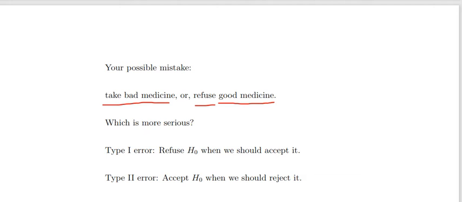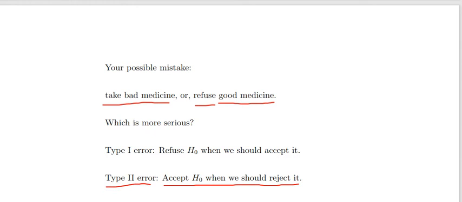Usually this one is serious: we believe them when their claim is wrong. When the medicine actually is not good but we trust them, we take a bad medicine. So this is the type 2 error.